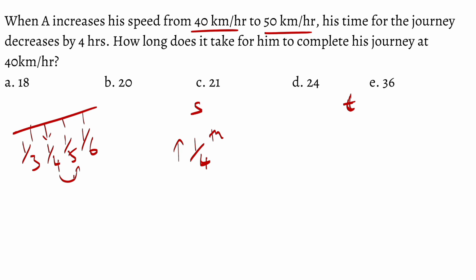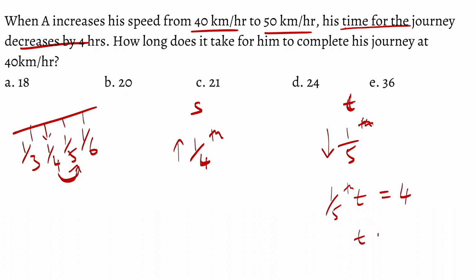So if 1 by 4th is increased, then what must be the decrease in value? 1 by 5th. So time must be decreased by 1/5. So 1/5 of time is equal to 4 hours, since his time for the journey decreases by 4 hours. So total time will be 4 into 5, that is 20 hours.